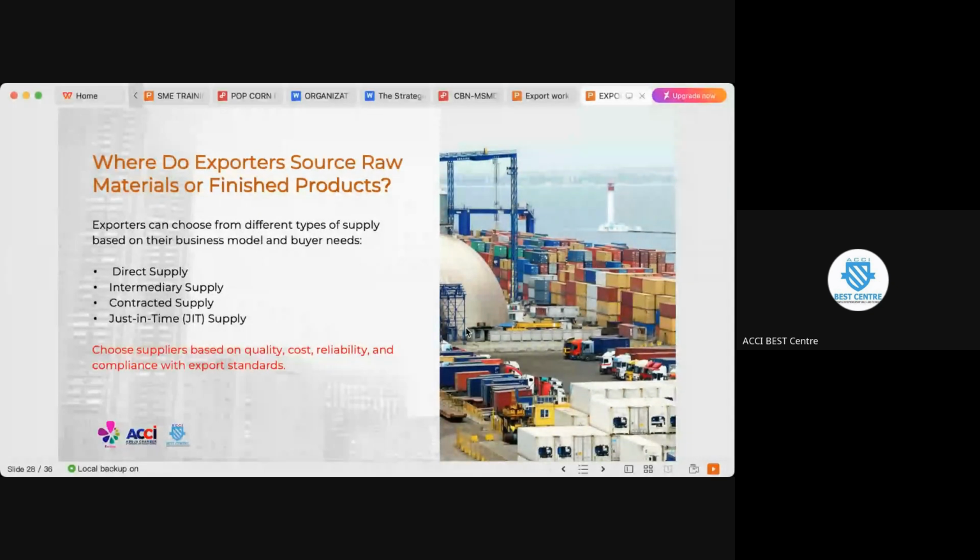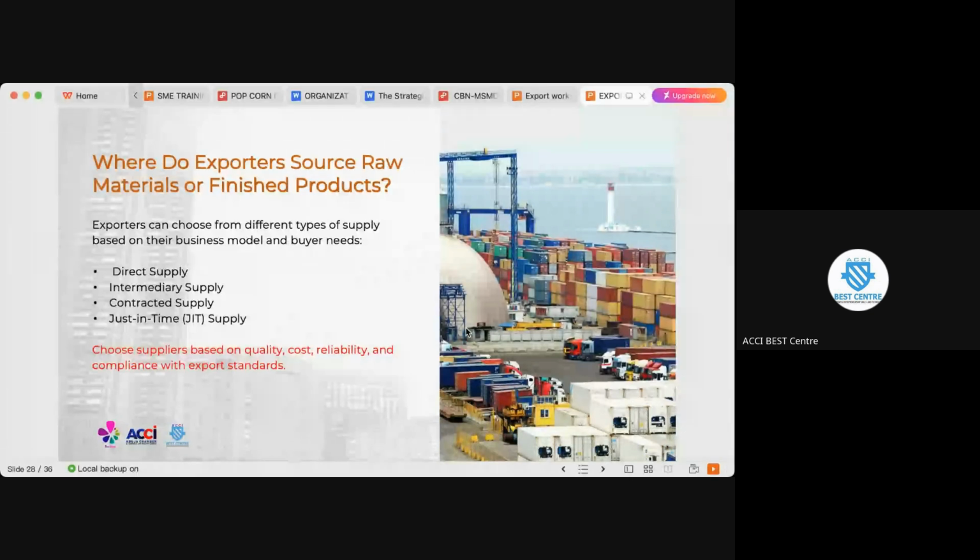So where do exporters source raw material from? I think we'll say more during the virtual class, the physical class. But most importantly, choose your supplier based on quality. What quality are they giving you? What quality is your end user requesting from you? Then the reliability. As I mentioned earlier, if you know you cannot supply 1 ton per month, just say you can't supply 1 ton per month.